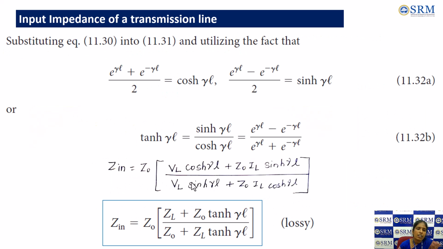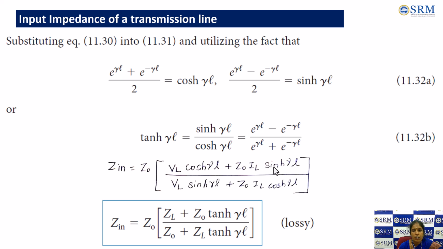Now how this ZL comes, we know that ZL equal to VL by IL. So take IL out, and we know that tan equals sin by cos. So take cos outside. Taking cos as well as IL outside, we get VL divided by IL, so that turns out to be ZL plus Z0.